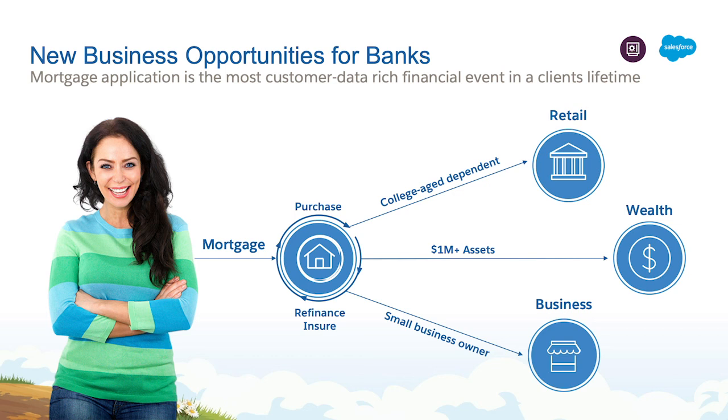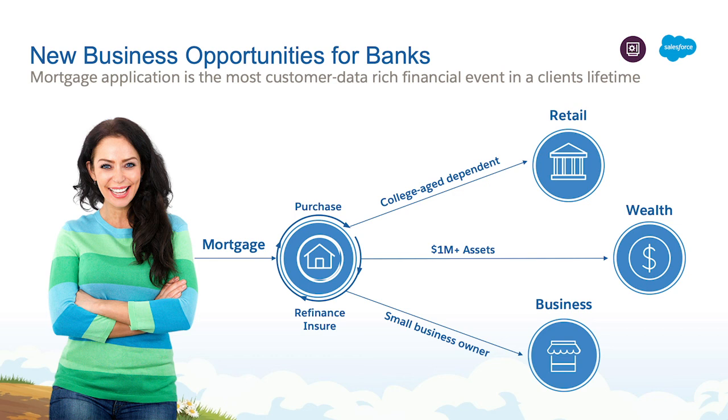But what happens to that useful information when the loan closes? It's usually archived and left untouched. It's only used for just that transaction. Imagine if banks could use that information to better serve their customers' needs.